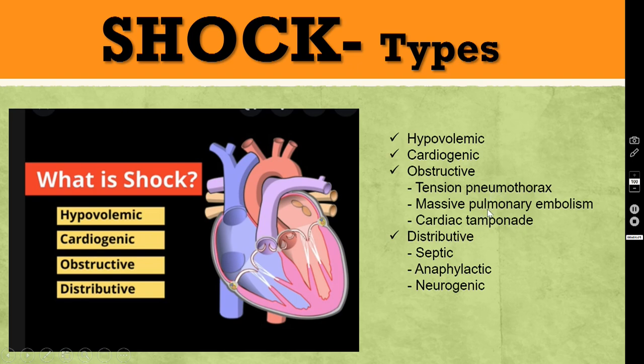Any one of these 3 can cause obstructive shock. Distributive shock also consists of 3 subtypes: septic shock, anaphylactic shock, or neurogenic shock.